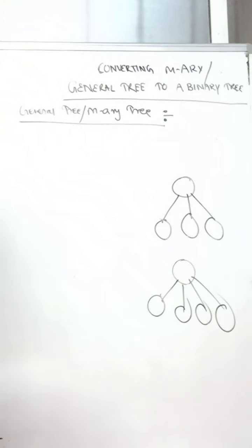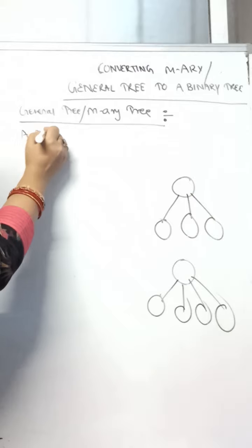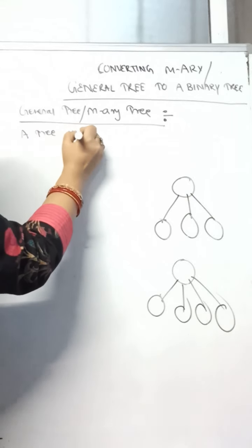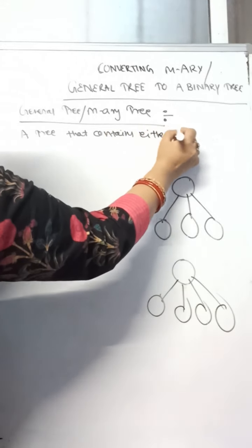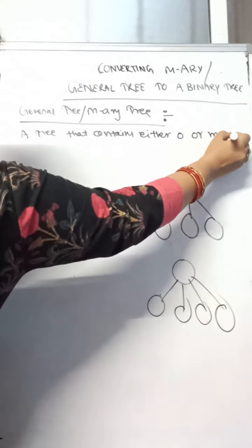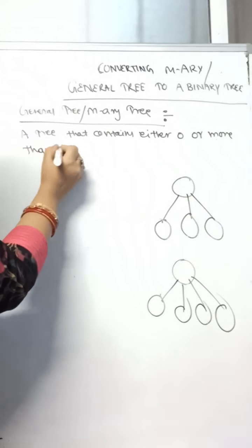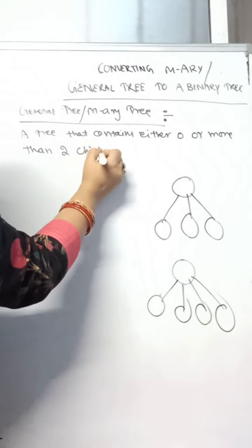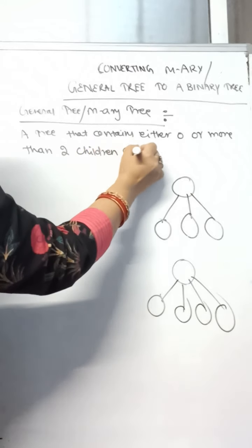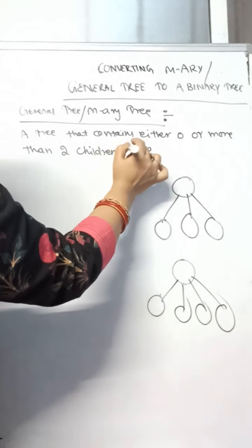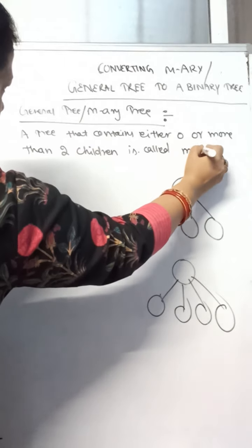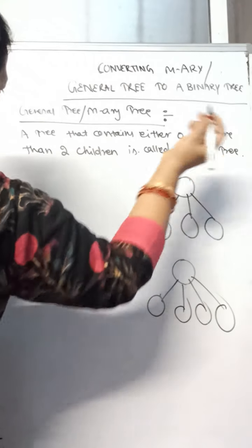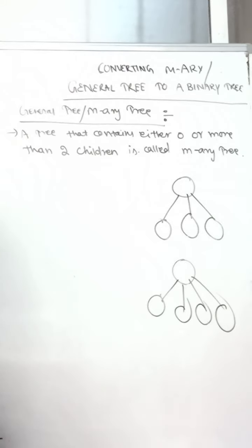A tree in which the node has either 0 or more children, a tree that contains either 0 or more than 2 children, is called an M-array tree. See, so this is your general tree or M-array tree.